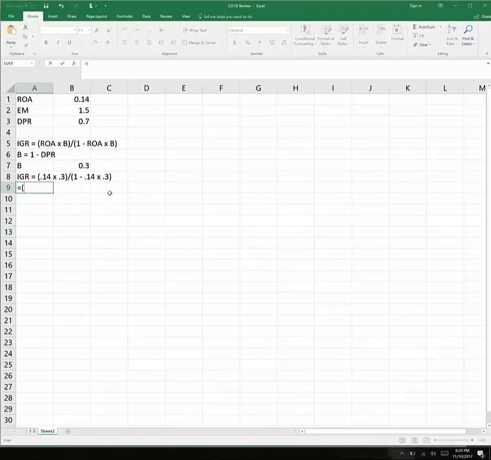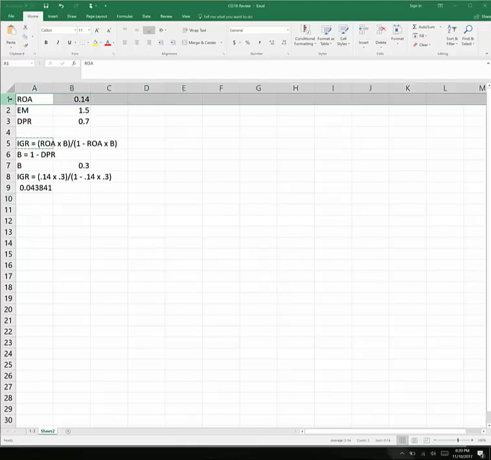So if we do the math there, 0.14 multiplied by 0.3 divided by 1 minus 0.14 multiplied by 0.3, and we get 4.38%. So the equity multiplier there was just extra information. So that was number 4.